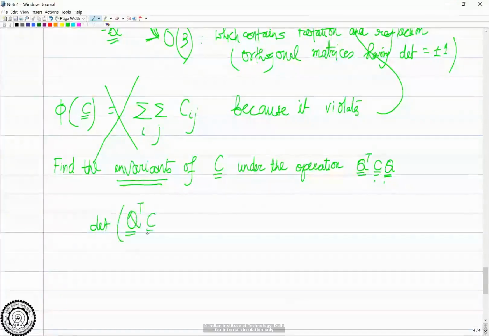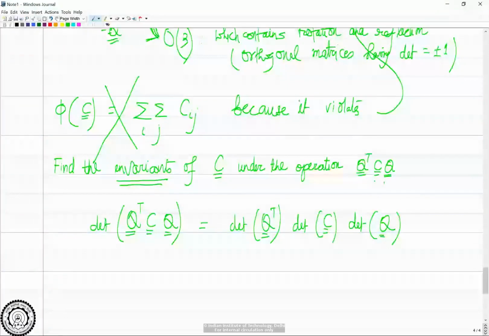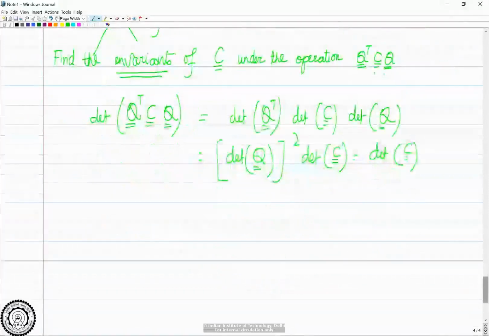This is the same as determinant of Q transpose into determinant of C into determinant of Q, which is the same as determinant of Q whole square into determinant of C, because determinant of Q transpose is the same as determinant of Q. But Q being orthogonal, the determinant of Q will be plus minus 1, so this finally becomes determinant of C. So determinant is invariant.